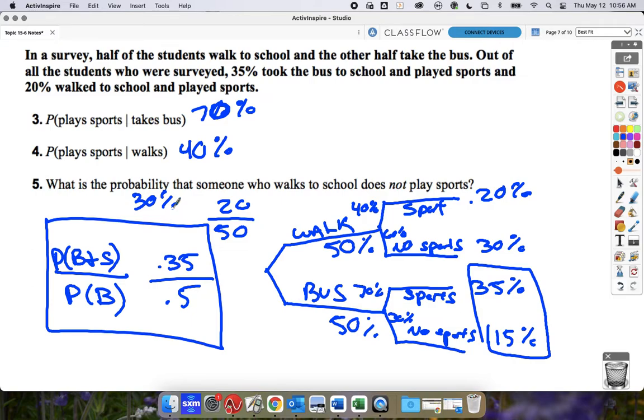What is the probability that someone who walks to school does not play sports? It has to be 60. That was right. How many people that walk to school play sports? 40%. So how many don't play sports? 60%. This is that given statement. That's a given statement.